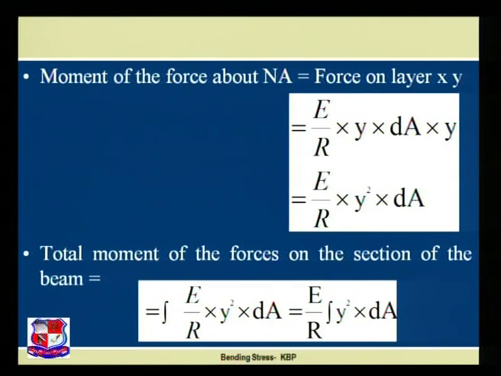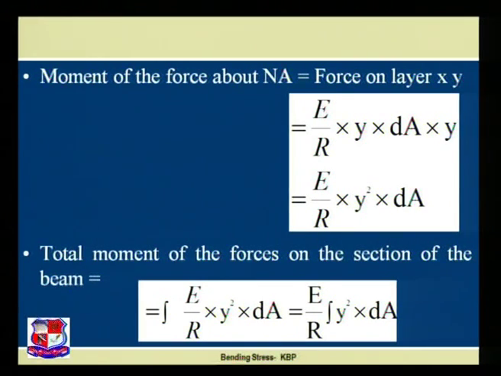Now, total moment of the forces on the section of the beam is found by integrating this simple equation, because this equation, E by R into y square into dA, is applicable to a particular layer. By combining all the layers, I have to do the integration.